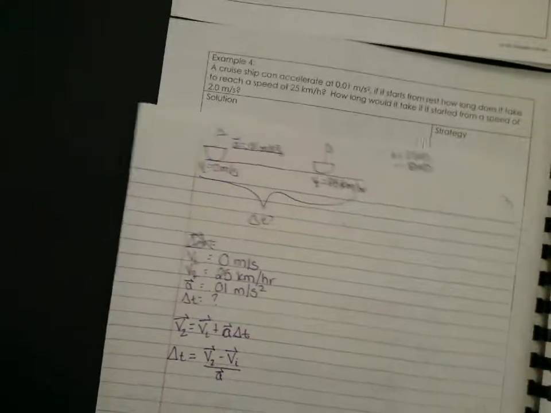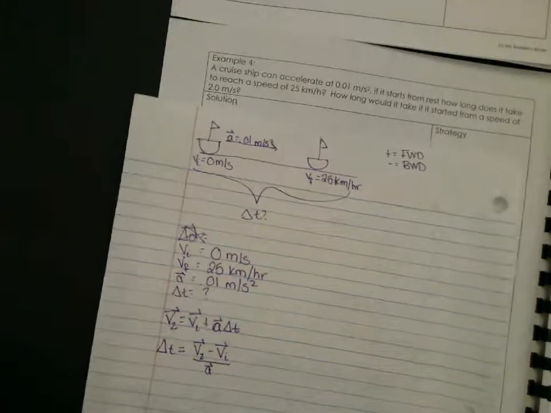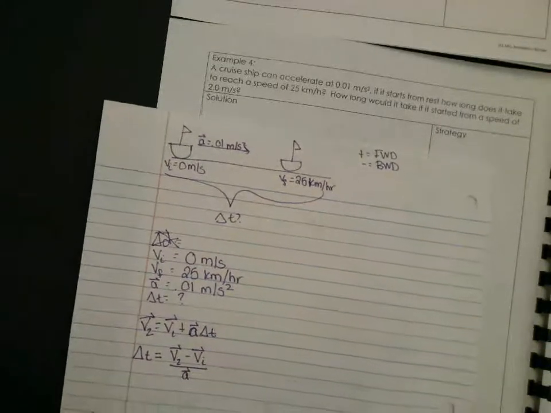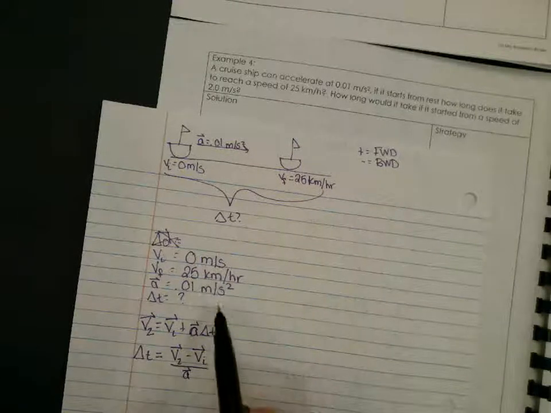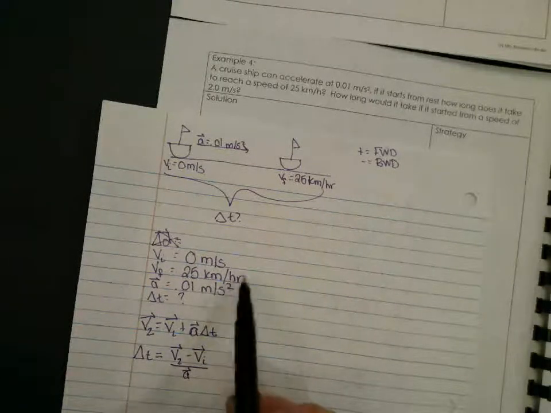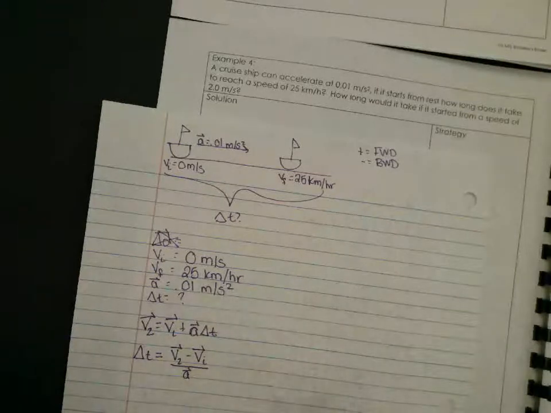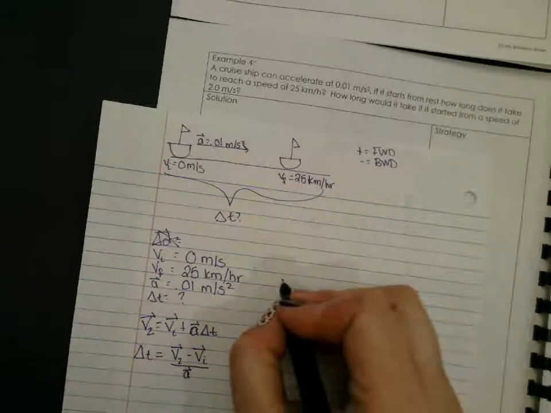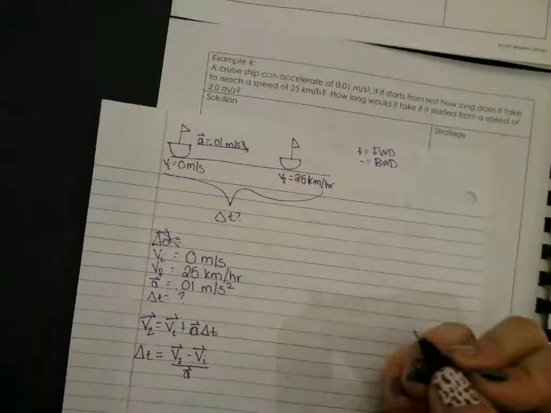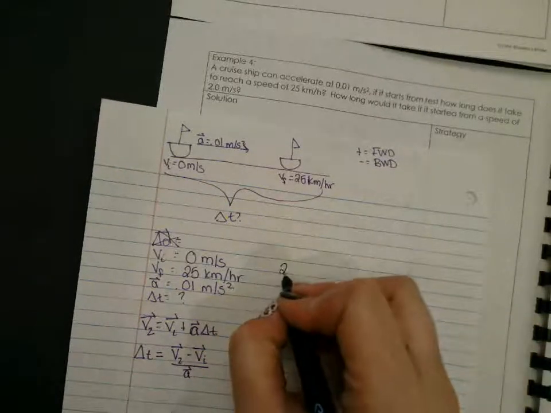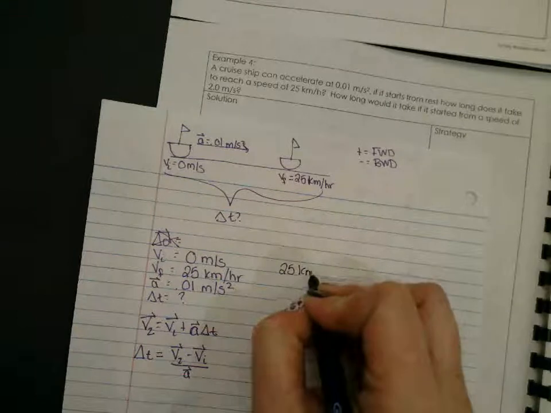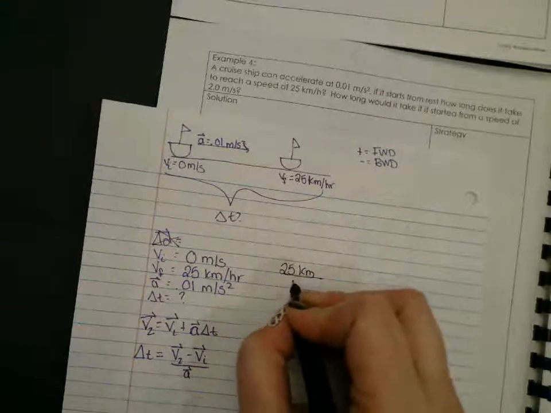But before I plug my numbers in, I have a predicament. I have meters per second and meters per second, and then I have kilometers per hour. So that's not going to work. I'm going to need to change that kilometers per hour to meters per second. So I have 25 kilometers in 1 hour.